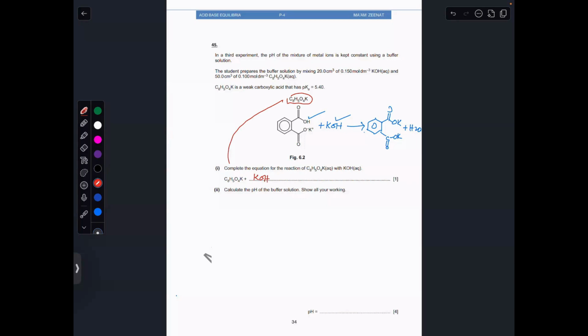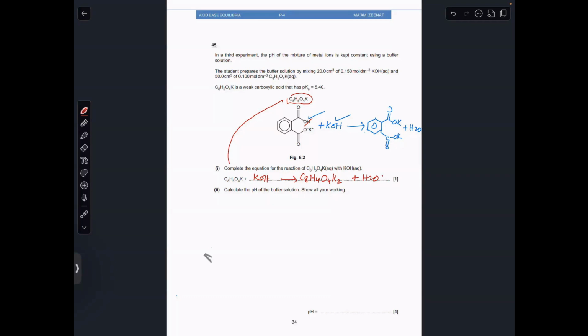What is removed? One H is removed. So it is C8H5, so it becomes H4, and O4, and the K becomes 2. So one hydrogen is decreased and one K is increased. At the same time, what is formed? Water.